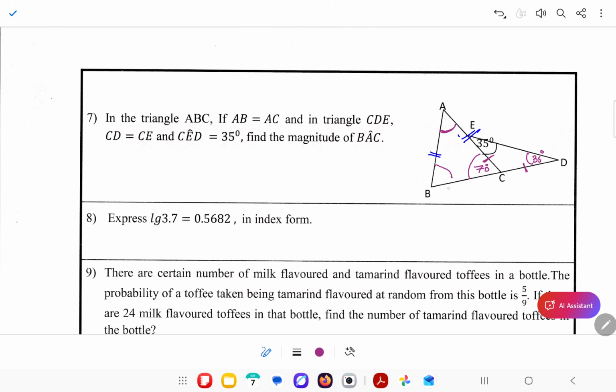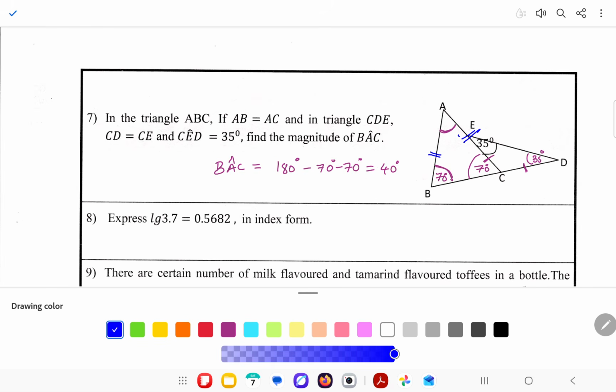Because ABC is also isosceles, this is also 70. So then BAC is what? 180 minus 70 and 70. So 40 degrees. Right.